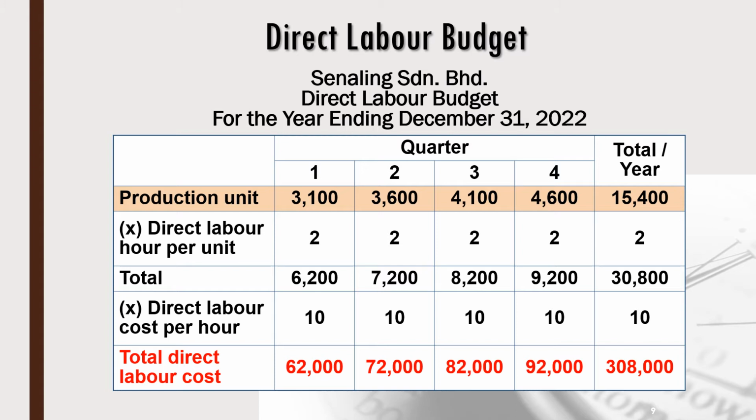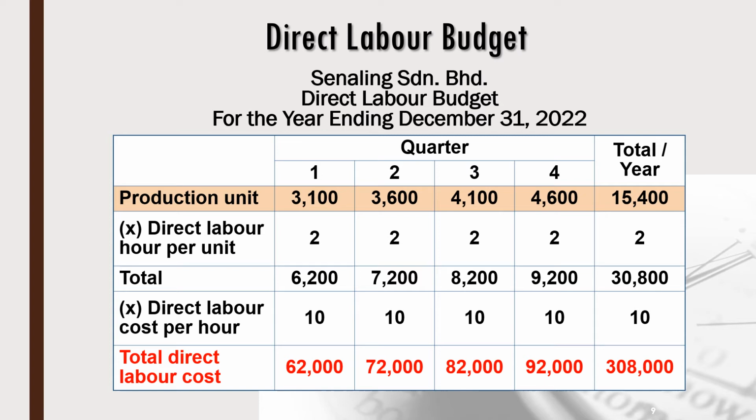For total or yearly, the production unit total equals 15,400. Multiply by direct labor hour per unit, that is 2 hours, equals 30,800. And then multiply by direct labor cost per hour, that is RM10.